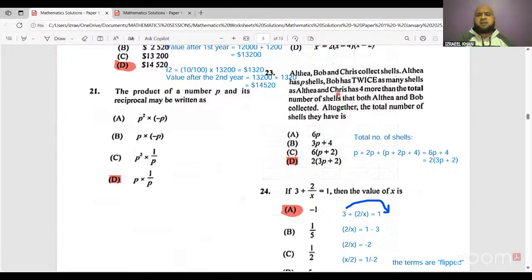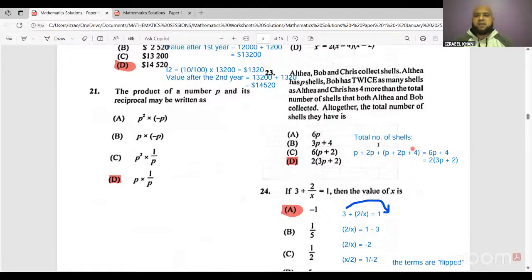And we just said that Chris has 4 more than the total of Althea and Bob. The total of Althea and Bob will be P plus 2P, and 4 more on that, because Chris, he's a stunner. So that will be just P plus 2P add 4.